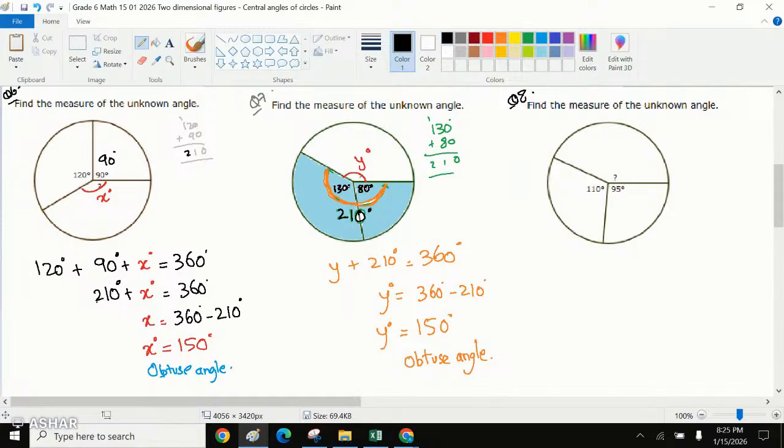If I said this missing angle was P, okay, P degrees. So can I say 110 plus 95 plus P should be equal to 360? I'm using any variable that you wish to use, right? You can use P, Q, R, S, T, U, V, any alphabet for the angle.